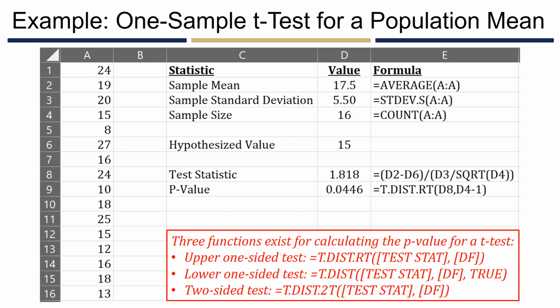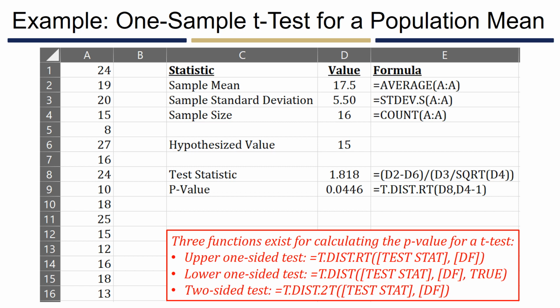If you have an upper one-sided test, like you have in this situation, the function is t.dist.rt, rt standing for right tail. The two arguments that you put in there are the value of the test statistic and then the degrees of freedom. So in this case, we have 1.818 as our test stat and 15 degrees of freedom.